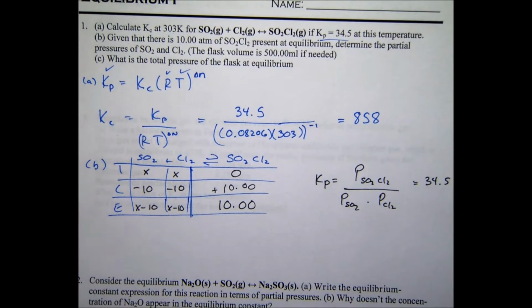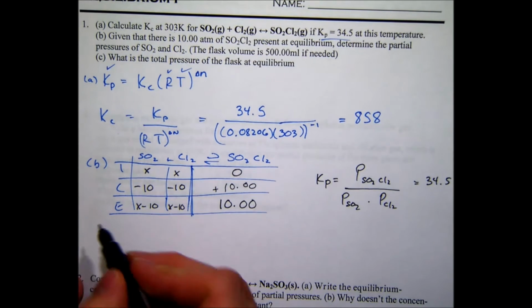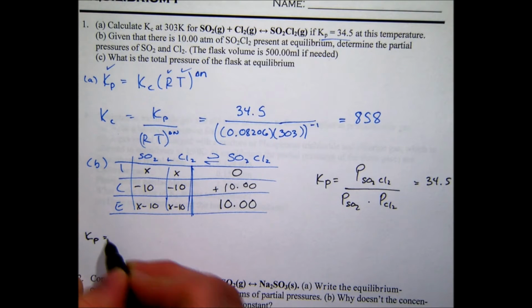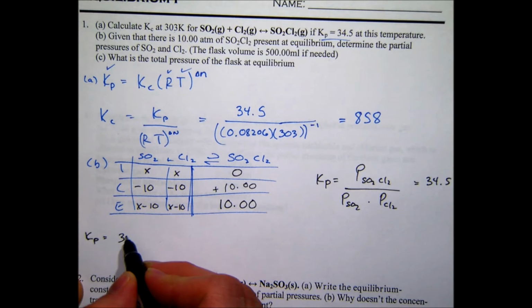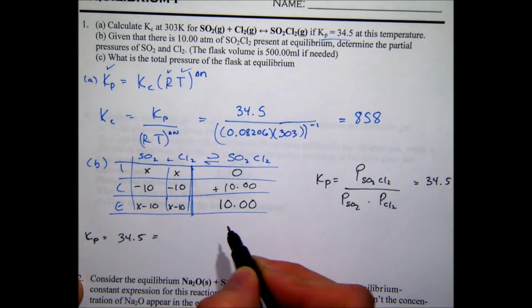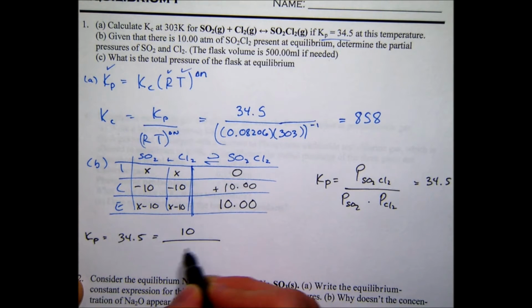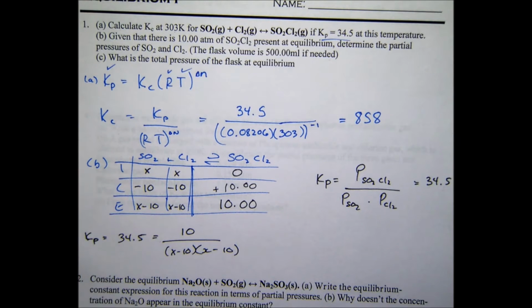So I plug in my values for Kp. Kp is equal to 34.5, which is equal to 10 over (x minus 10)(x minus 10).